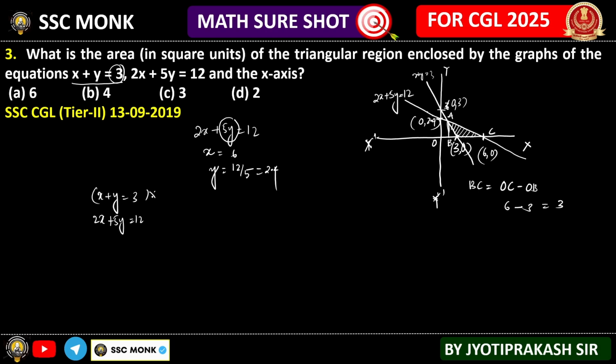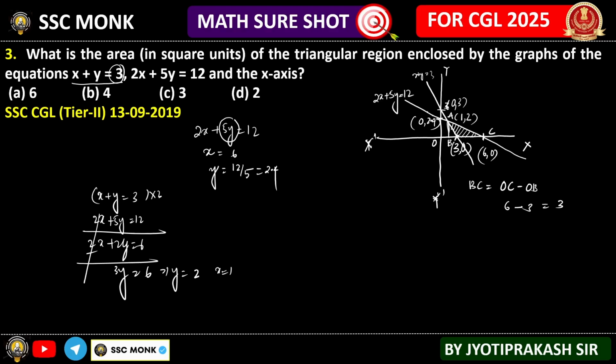Now I will multiply by 2 over here, so this will be 2x plus 2y is equal to 6. Now if I take the difference, x is gone, 5y minus 2y is equal to 3y, 12 minus 6 is equal to 6. So y value will be 6 by 3, that is 2. When y is 2, x value will be 1. So for x equal to 1 and y equal to 2, both conditions will be satisfied.